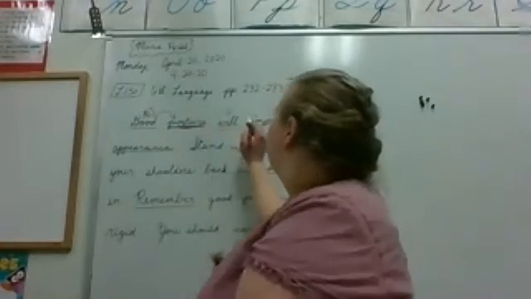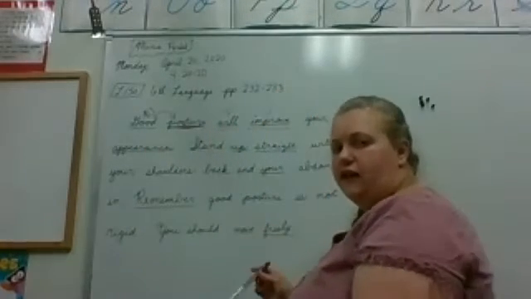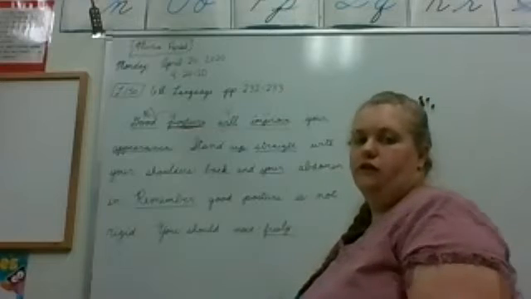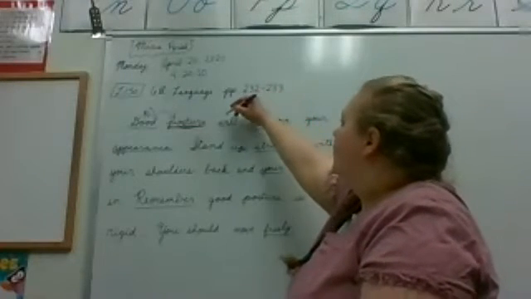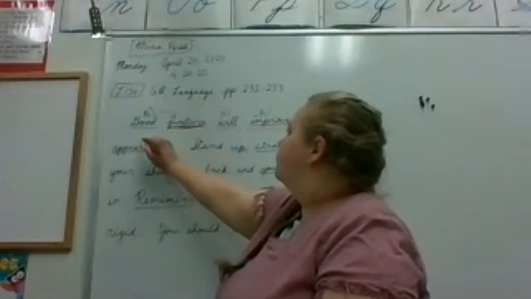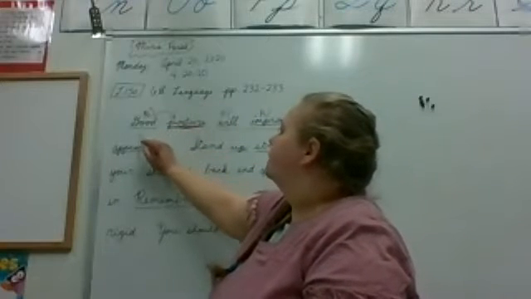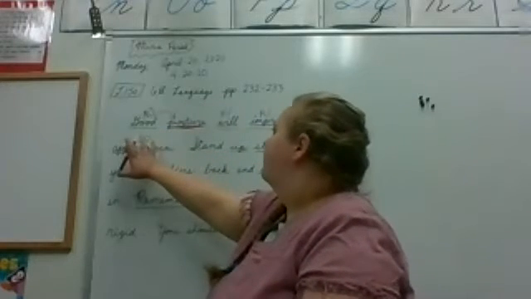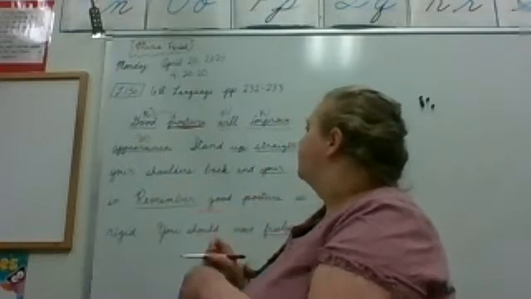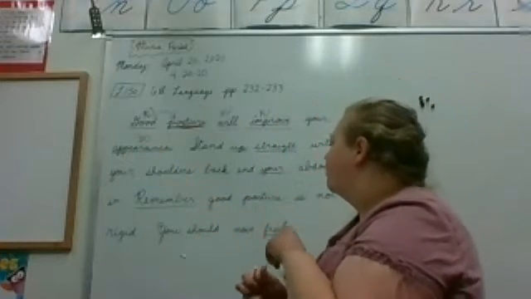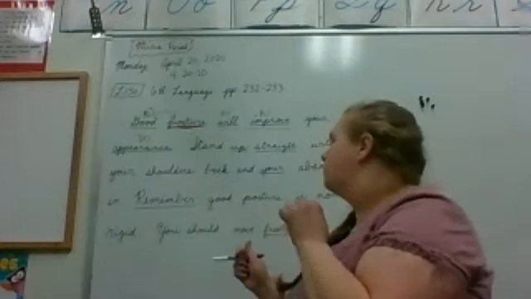And so these will improve, is that a linking verb or an action verb? It's action, right? So this is a direct object, okay? All right, so good posture will improve your appearance. So that's your direct object.